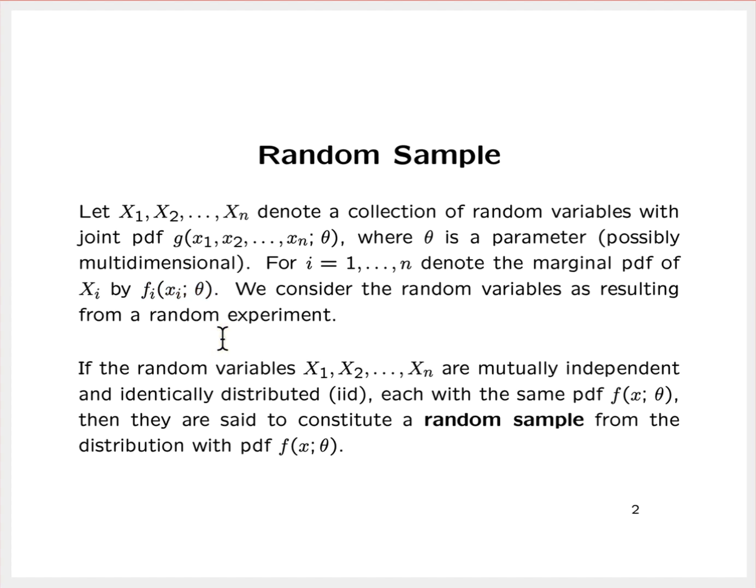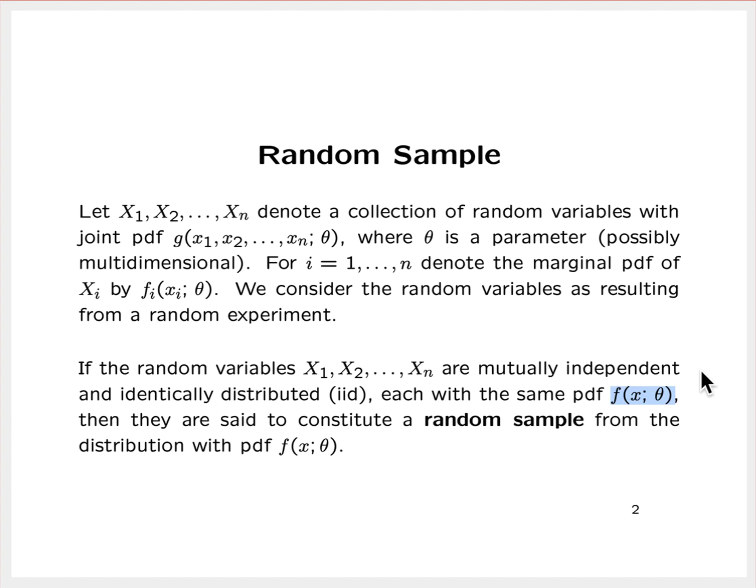But there will be some situations in which the marginal PDFs are all the same, and when they are all the same, we can dispense with the subscript. So in that kind of situation, x1 through x sub n all have the same marginal PDF, which we're denoting by lowercase f without a subscript.